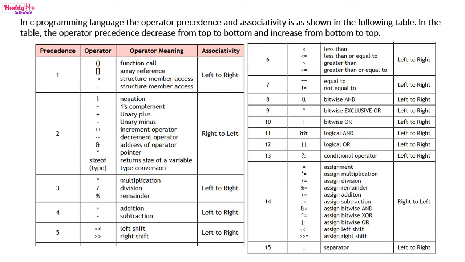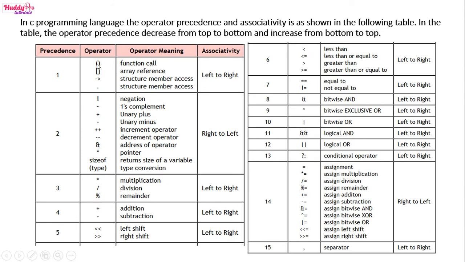This table here is trying to show the operator precedence and associativity. You will go through all of it, but this is how C evaluates expressions using operator precedence and associativity.